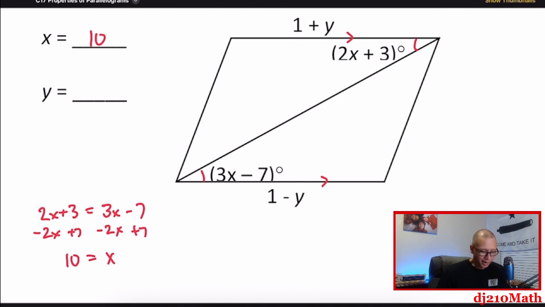And to figure out y, well, opposite sides are congruent. So 1 plus y is equal to y minus 1. All right, I'm adding y to both sides.